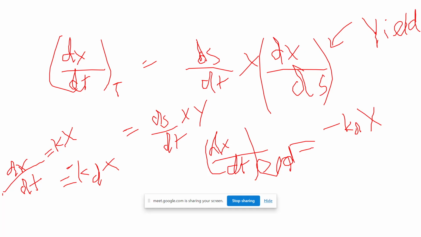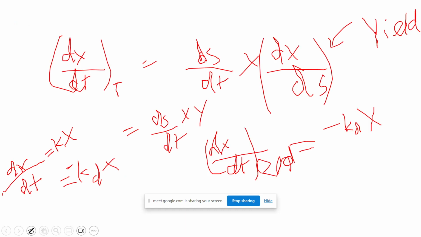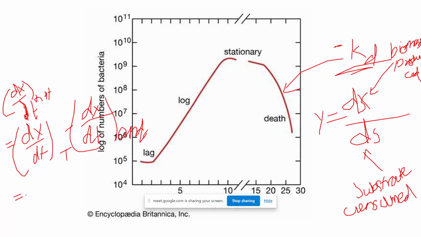It is ds by dt into yield, minus Kd into X. Okay.